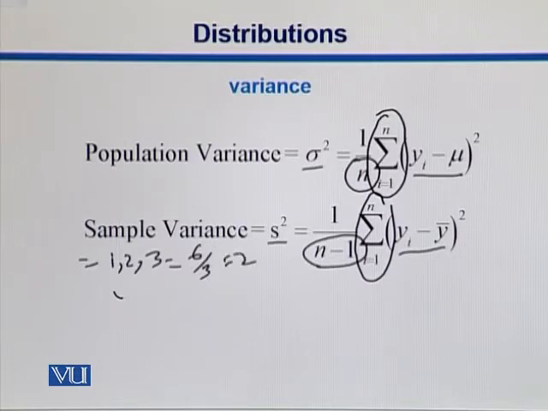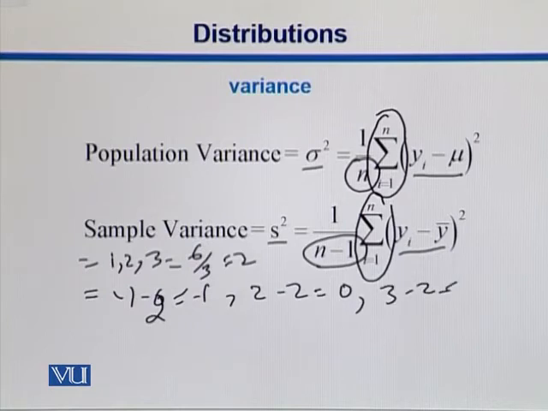We can get these deviations: for the first one, it is 1 minus 2, which is minus 1. For the second one, it's 2 minus 2, which is 0, and for the third one, it's 3 minus 2, which is plus 1.